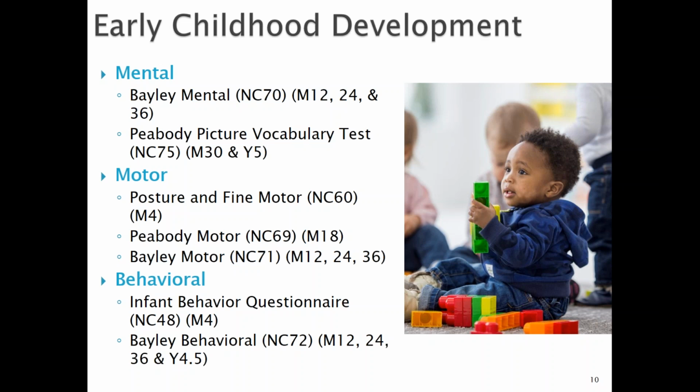There's Bayley mental, motor, and behavior in each of those areas, and those are at 12, 24, and 36 months. There are also measures on the Peabody Picture Vocabulary Test, for example, or several on motor measurement, things like the posture and fine motor or the Peabody motor scale. And then behavior, there's also an infant behavior questionnaire.